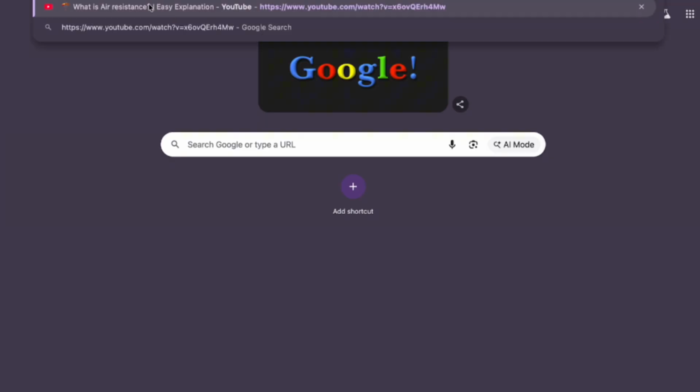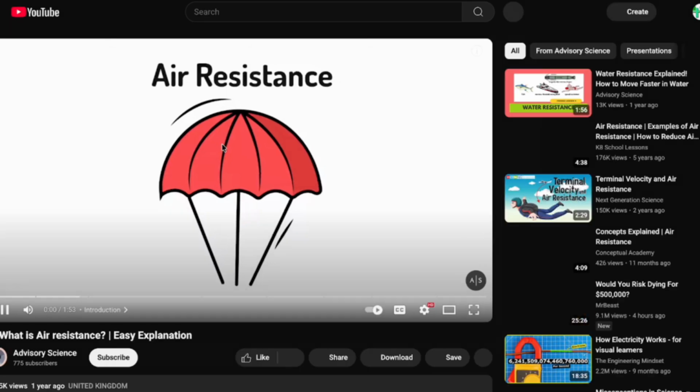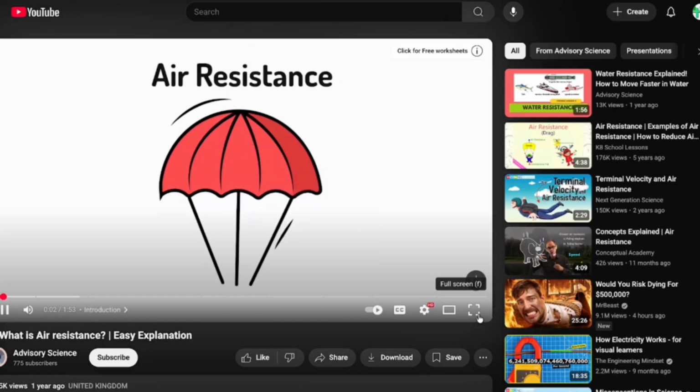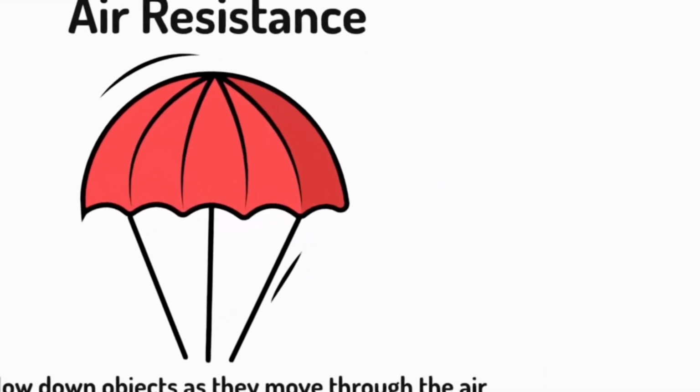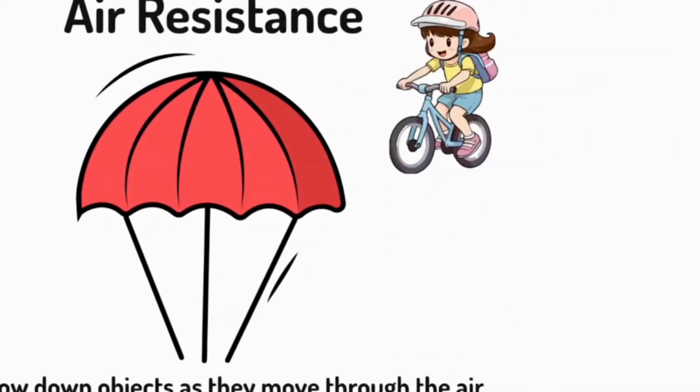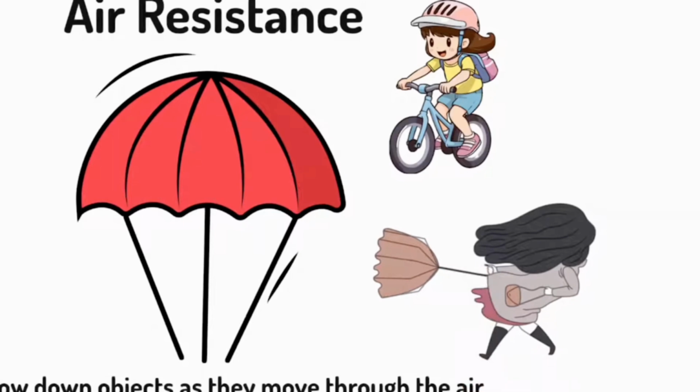This video goes really good in depth about really what is air resistance is a type of friction that tries to slow down objects as they move through the air. Some everyday examples of air resistance are feeling a breeze when riding a bike, or wind blowing through your hair and clothes while you're walking. When air resistance is high, objects slow down quite a lot.